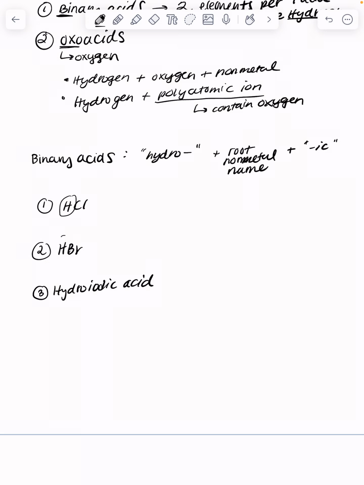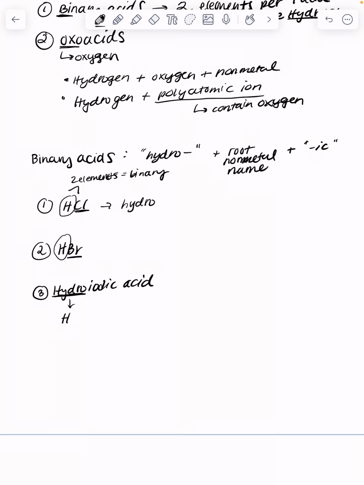I have hydrogen here, I have hydrogen here, and the prefix hydro tells me that I have 1 hydrogen. So I have 1 hydrogen plus another element in both of these. That means that it's probably going to be a binary acid. 2 elements equals binary acid. Awesome. So the first thing I do with binary acids is I add my prefix hydro immediately.